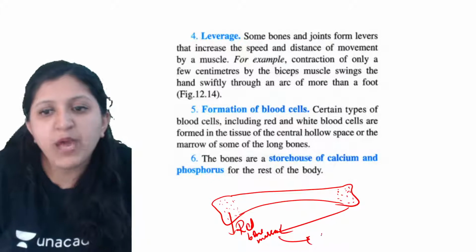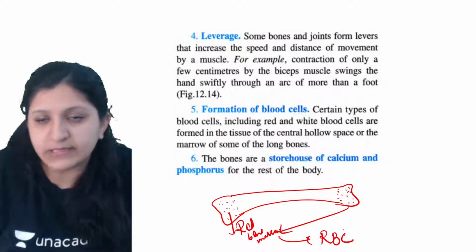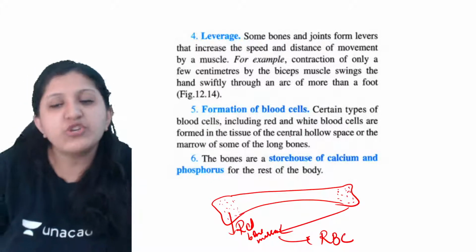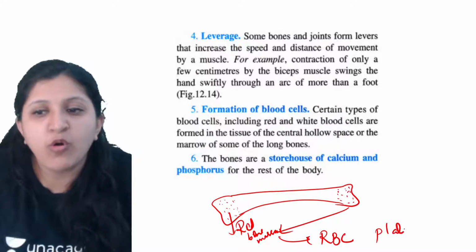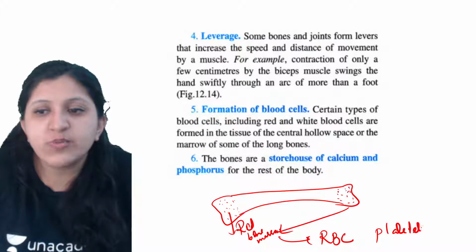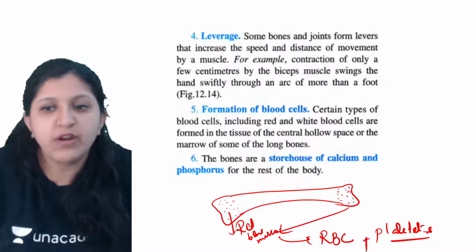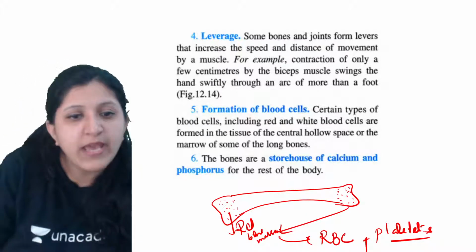Red bone marrow can synthesize RBCs. When we mention formation of blood cells, platelet formation can also occur here. Now, where do you find the yellow bone marrow?